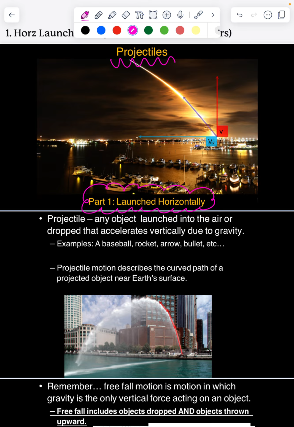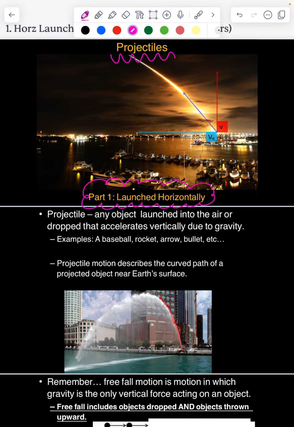So what you need to know as we are starting is that a projectile is any object that is launched into the air or dropped that accelerates vertically due to gravity. We know that we have a basketball. It's basketball season, so we can shoot a basketball.